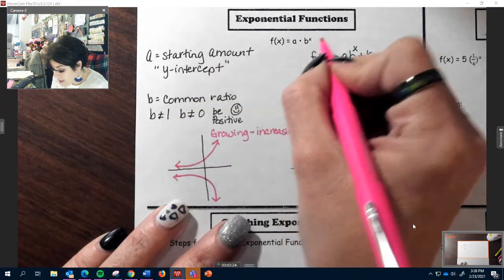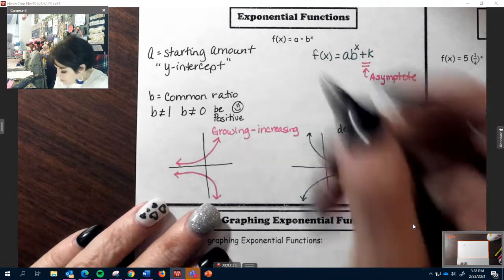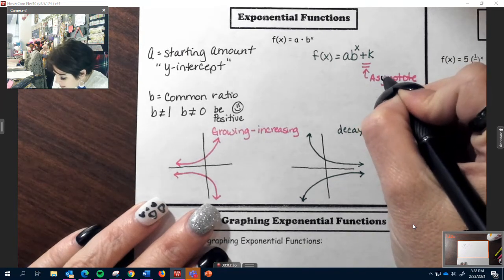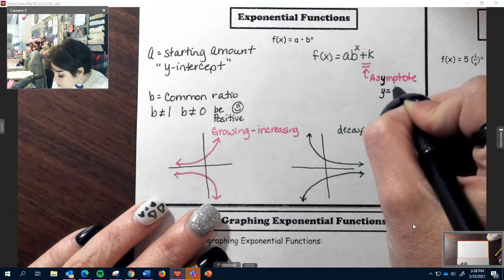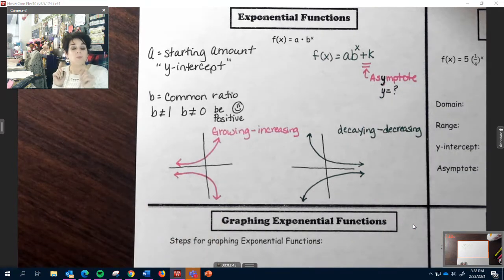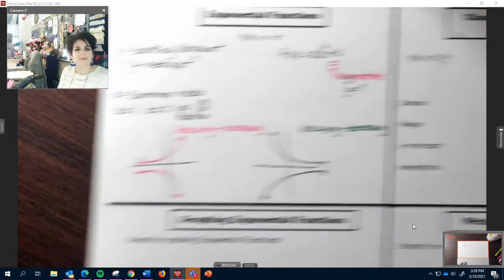On ours, up here, the asymptote would be 0. The asymptote is the line that you touched, or that you try to touch, and you get really, really close to it, but you never, ever reach it. And remember that the word asymptote has the y in it, and so the equation is y equals something, because the word asymptote has the y in it. All right, so that was kind of in a nutshell what we did there.